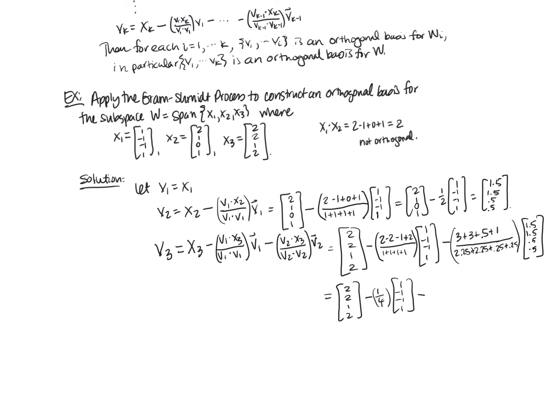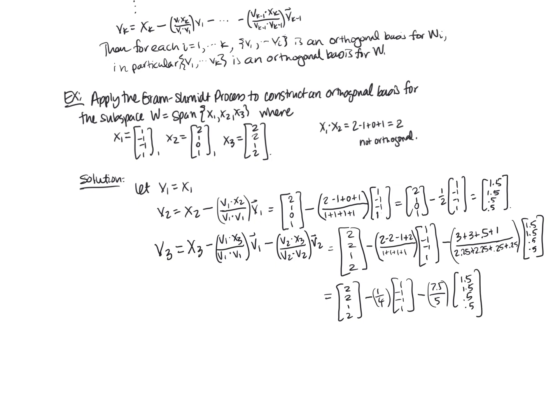And then a minus, and then here I'm going to have 7.5 over, what does that add up to? 5? I think so. So 7.5 over 5, which ends up being 1.5. And then that is multiplied by 1.5, 1.5, 0.5, 0.5.